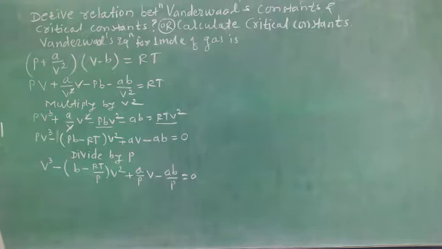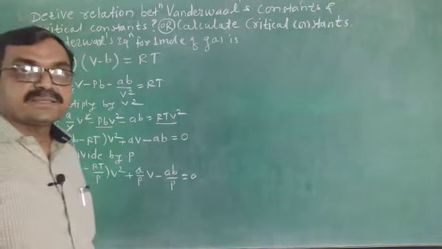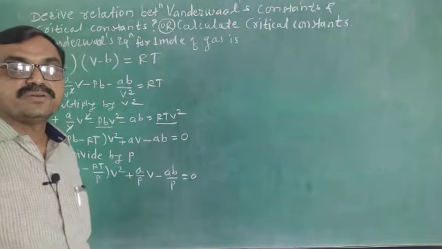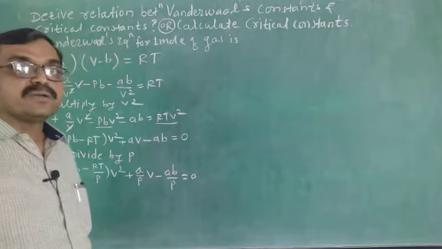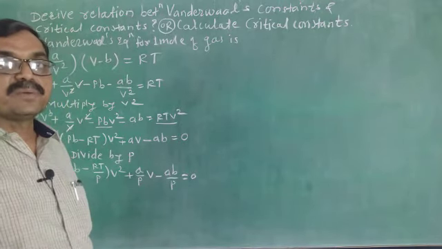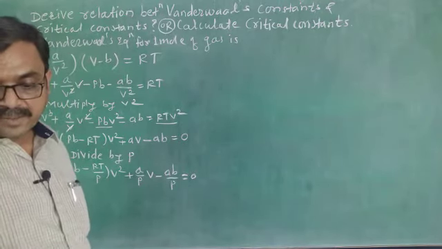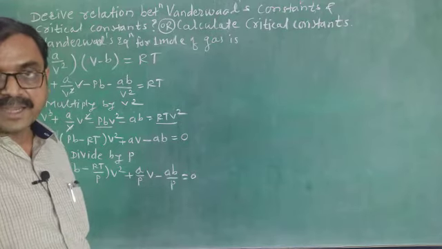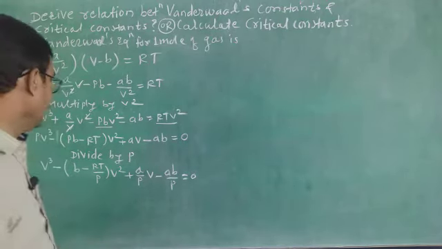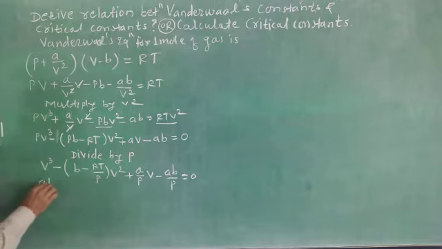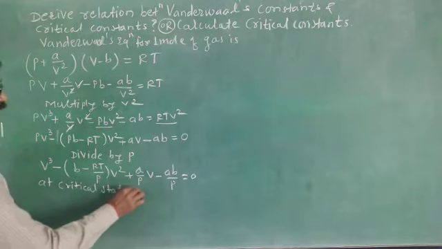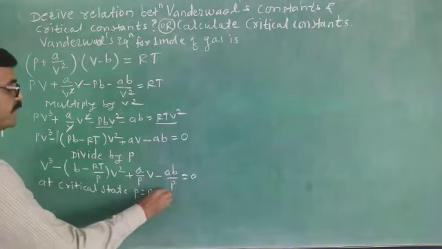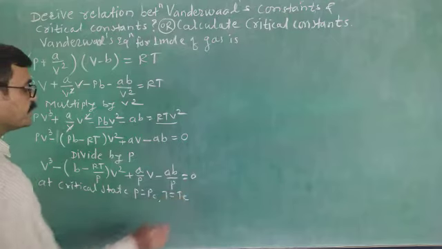Now let me assume this gas is in the critical state, in which pressure becomes PC, volume becomes VC and temperature becomes TC. Means at the critical state, P equals PC and T equals TC.